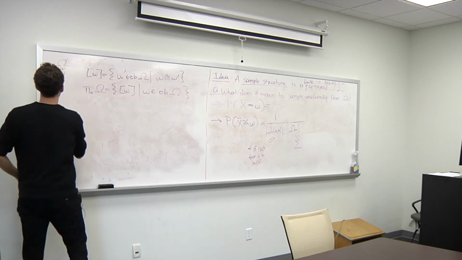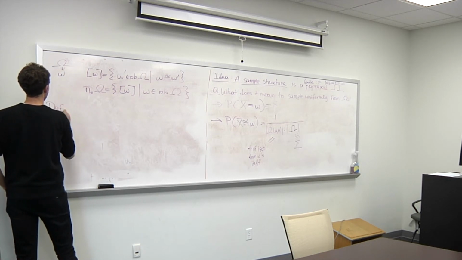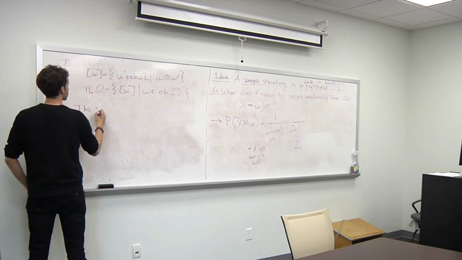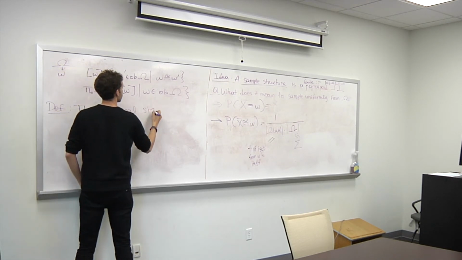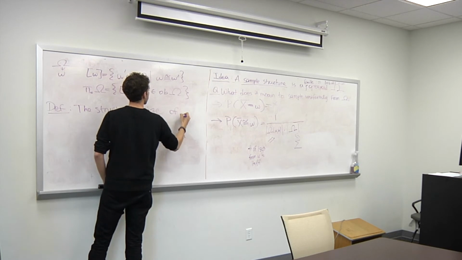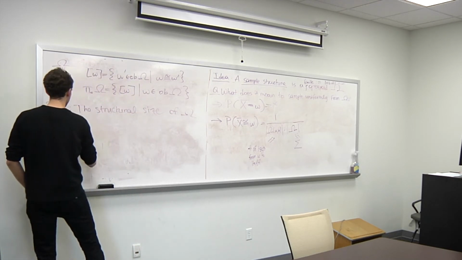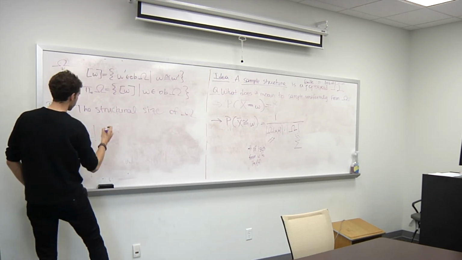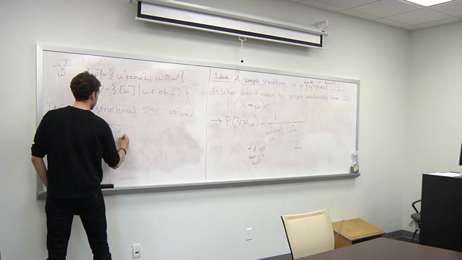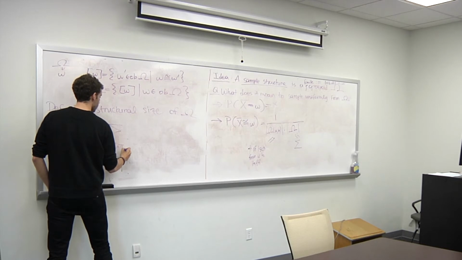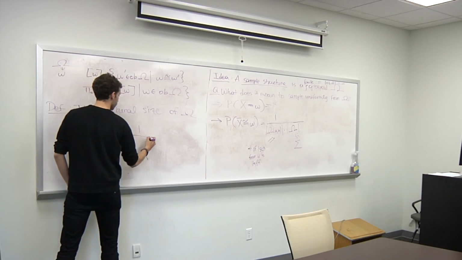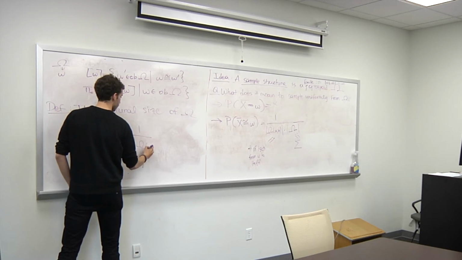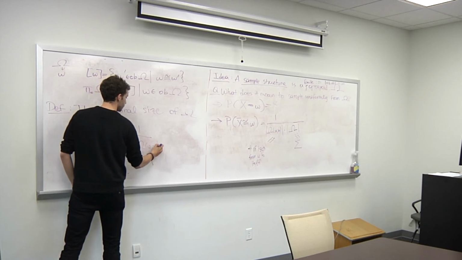Okay. So this is the key definition. The structural size of omega, written omega bar like there, is the sum over all equivalence classes in pi 0 omega of 1 over the size of the automorphisms of omega.